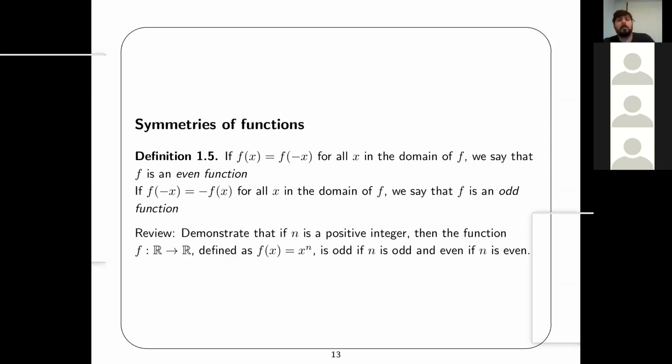So a function gets the same value regardless of x being negative or not. And then an odd function is a function that has this property: if you take f of minus x, then it reverses the sign of f of x.